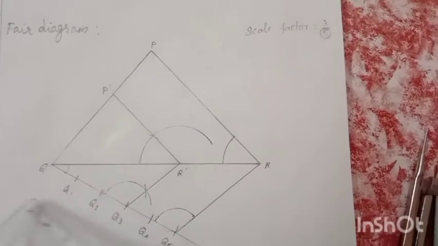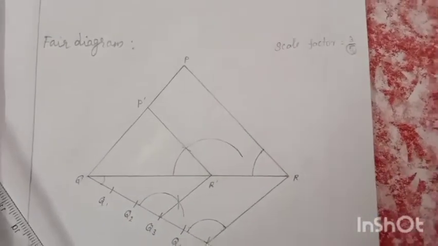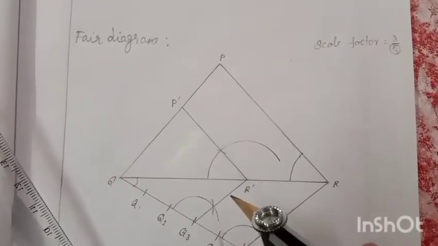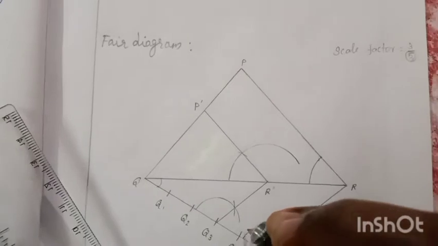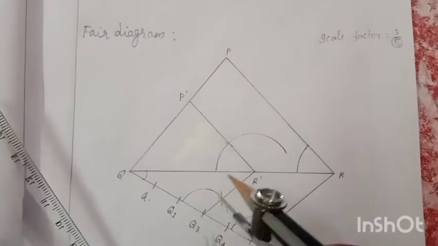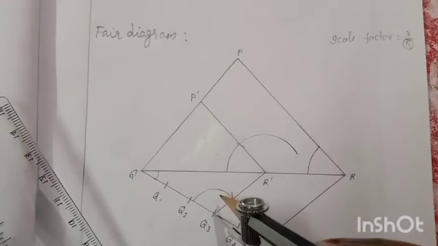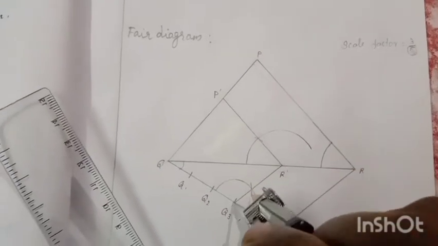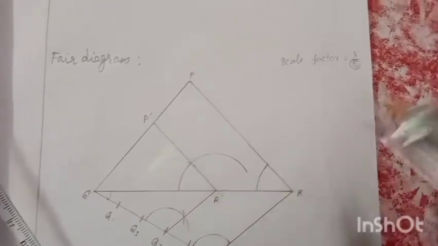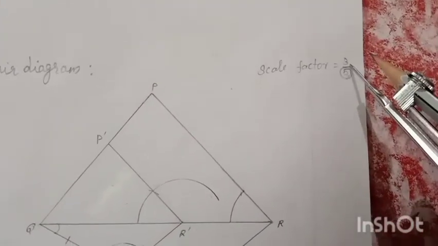Students, then draw one arc with a convenient radius through this point Q5. Without changing this measurement, keep the compass needle on Q3 and draw another arc. Why do you keep the compass needle on Q3? Because the numerator value is 3.